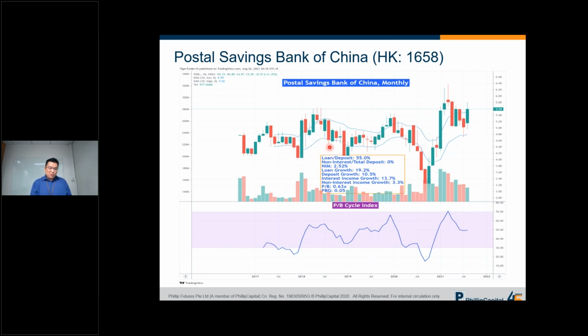One of the reasons why the Chinese banks are trading at such a low PB is that investors are very skeptical of their books. They are not sure whether the assets they are reporting are really healthy assets or not. PSBC is relatively new, so it doesn't have this legacy issue, meaning it has a fresh start in that sense. So this is one of the banks that I prefer that's listed in Hong Kong.